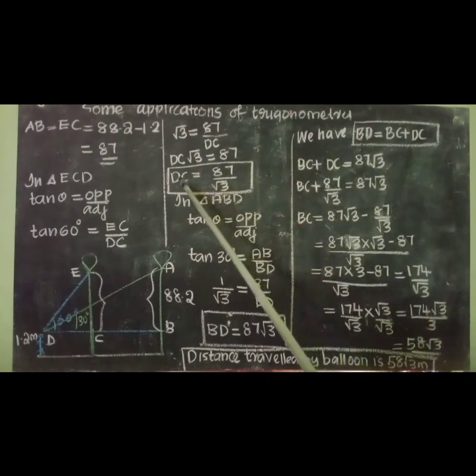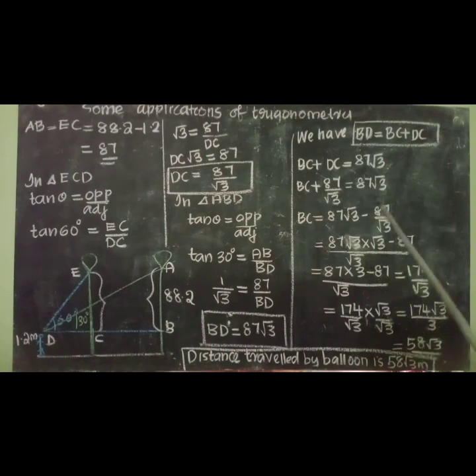Now here we found the value of DC. DC equal to 87 divided by root 3. Let us replace it here. So we get BC plus 87 by root 3 equal to 87 root 3. This plus 87 by root 3 we can take to right side. We get BC equal to 87 root 3 minus 87 by root 3.